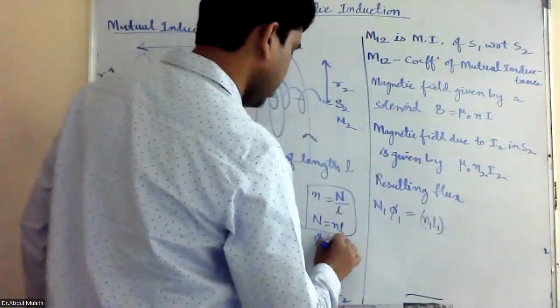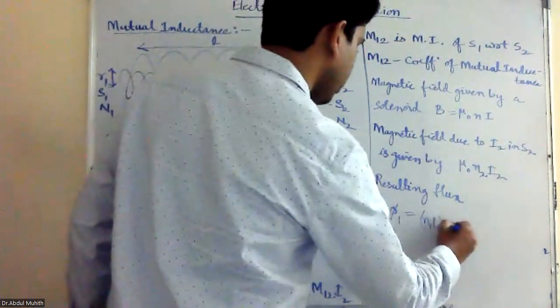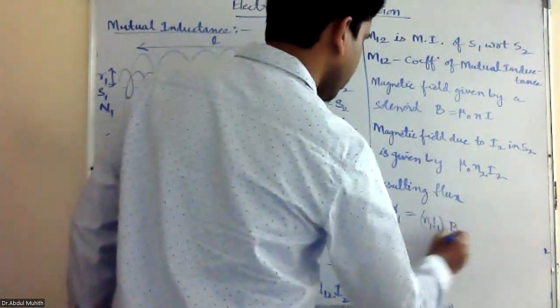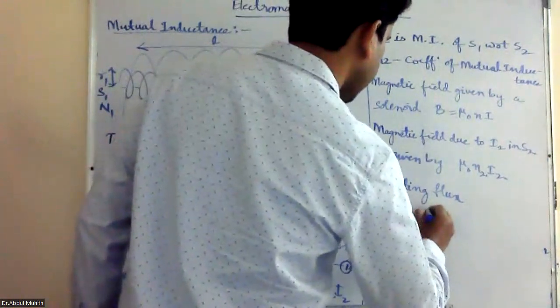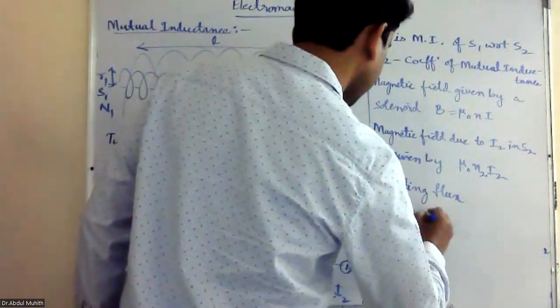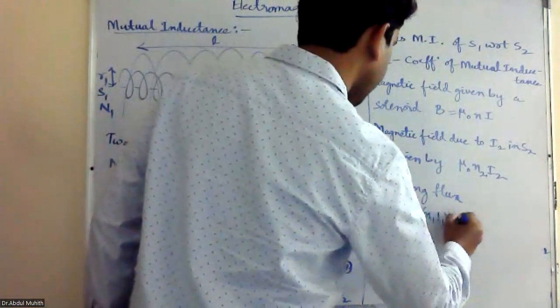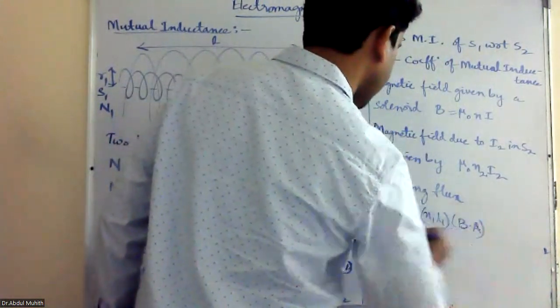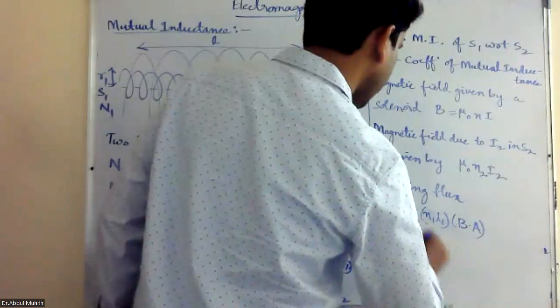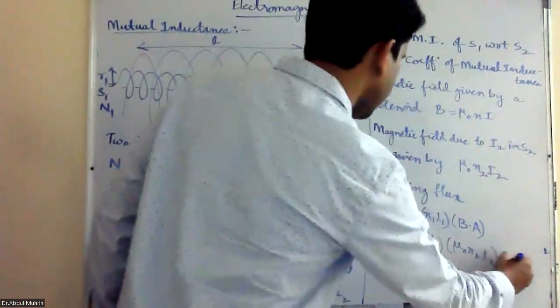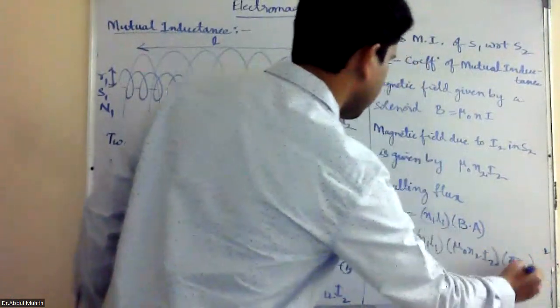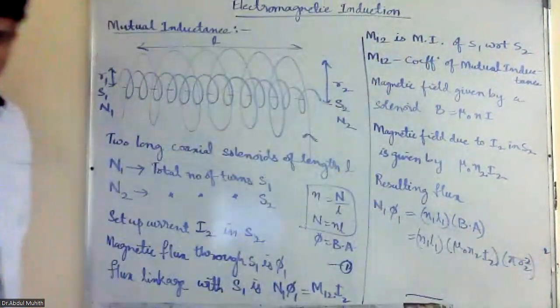Flux is B dot A. B is mu 0 N2 I2, and area is pi r square, pi r1 square.